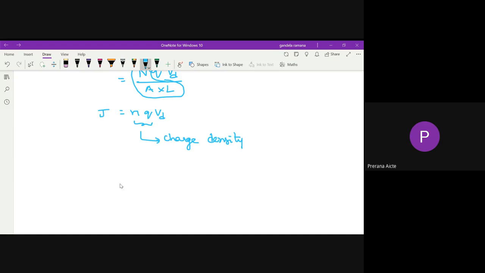At that time, J is equal to nQ vd, drift velocity. We know very well vd is equal to mu E. When we substitute vd is equal to mu E, instead of this, mu E. This nQ mu is called conductivity.